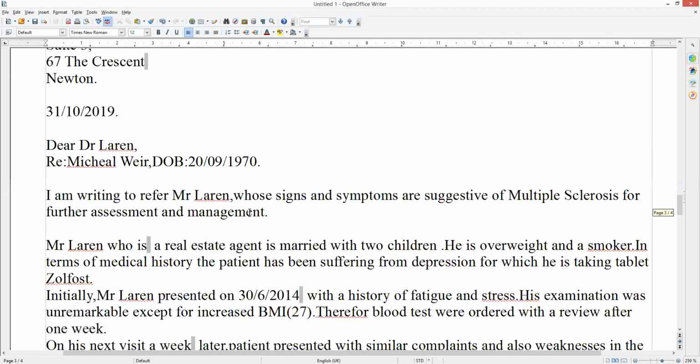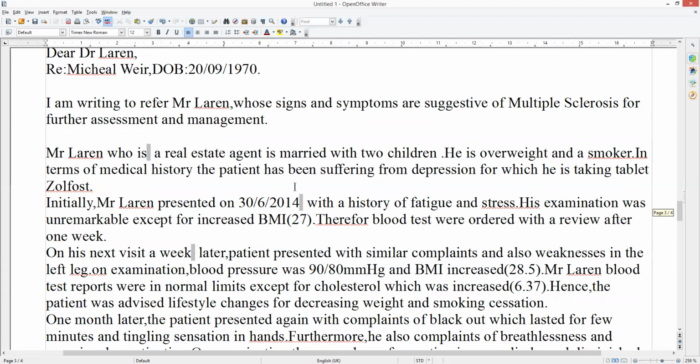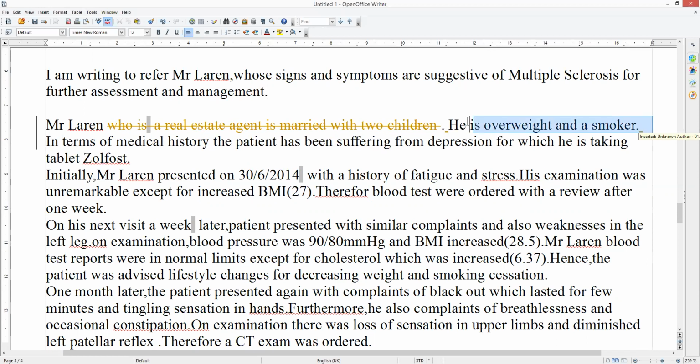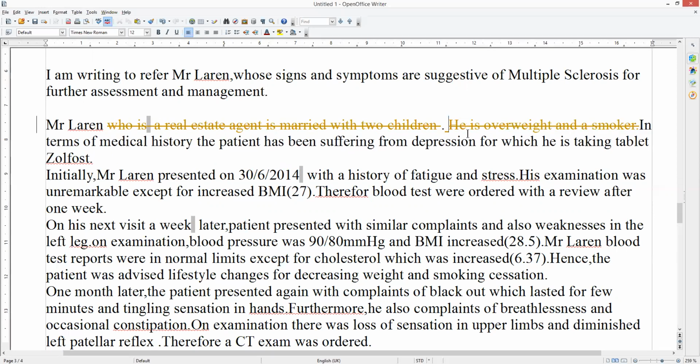Okay, I've got a couple left. Let's have a quick go. "Mr. Laron, who sends up to sclerosis for assessment and management." Okay, well, and further assessment. "Mr. Laron was in real estate, married with 2 children." Who cares? What's that got to do with anything else? "He's overweight and a smoker." Again, what's that got to do with anything?